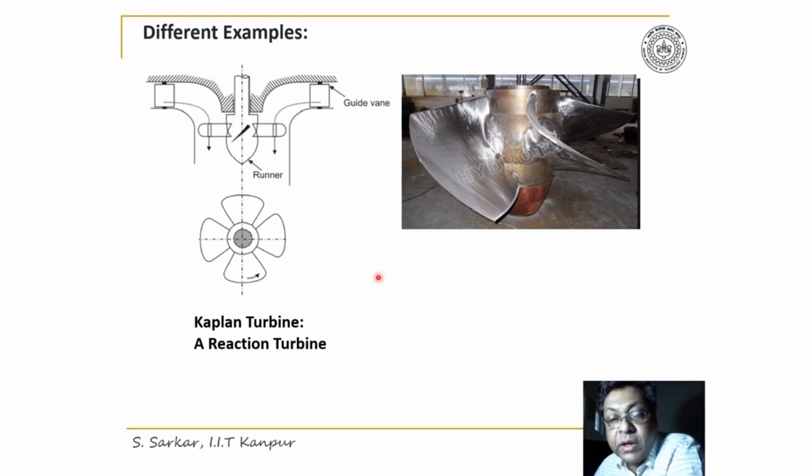I have given you just a pictorial view of the impeller. You appreciate it is exactly like a propeller, and you look here at the aerodynamic shape of the impeller, highly twisted blades.